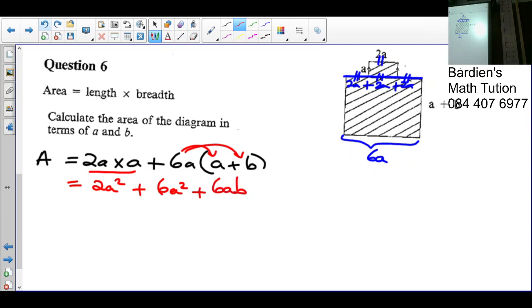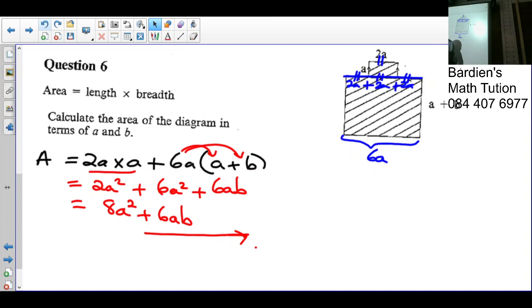You all agree I should stop there? Why not? Just add them. So what is 2a squared plus 6a squared? 8a squared. When you're adding and subtracting the variables, they stay the same. If you want, you can write unit squared, whatever. Verstaan julle? Ja.